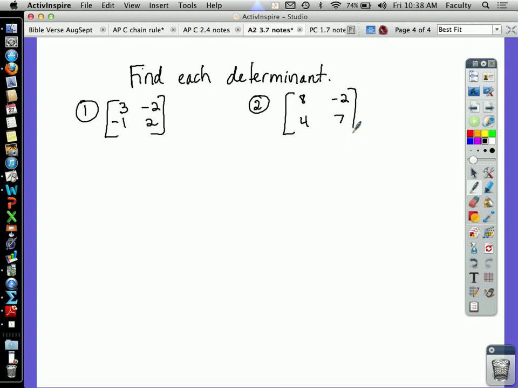The first 2 are 2 by 2s, and then the next 2 are 3 by 3s. Remember, determinants can only be found on square matrices.